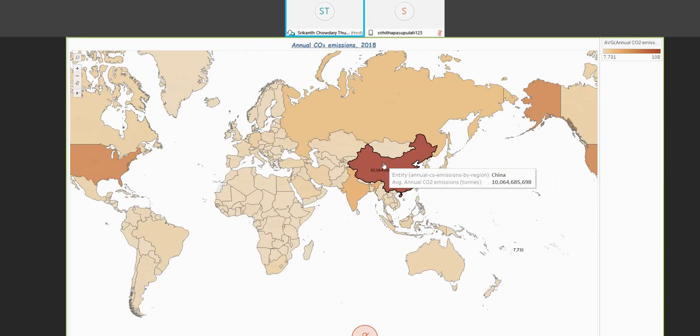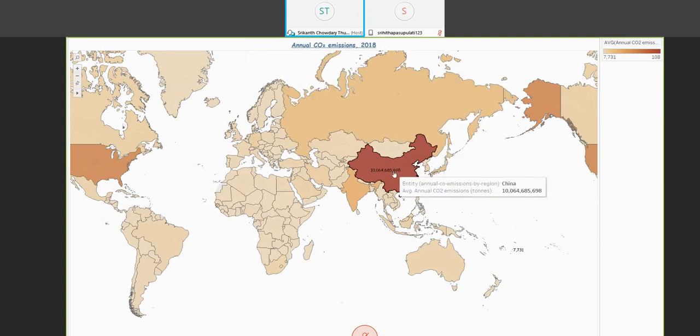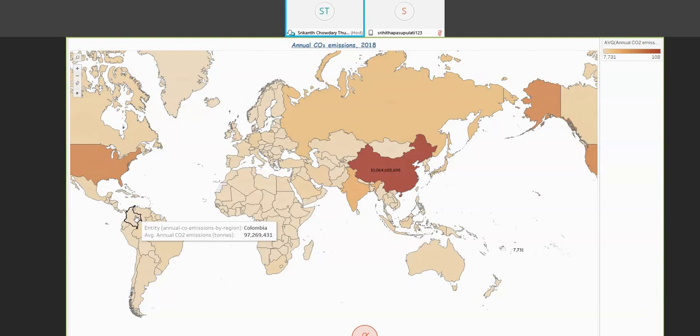Emissions growth has steadily slowed over the last few years, but has yet to reach its peak. We could see that China has the highest emissions, whereas the lowest annual CO2 emissions are at the other end. We can also see the emissions for other countries similarly, and this is measured in tons.